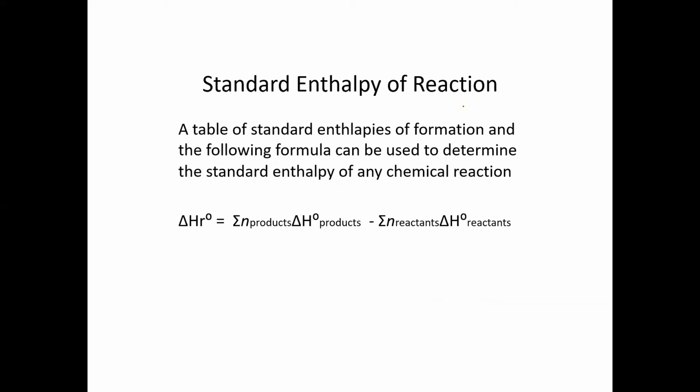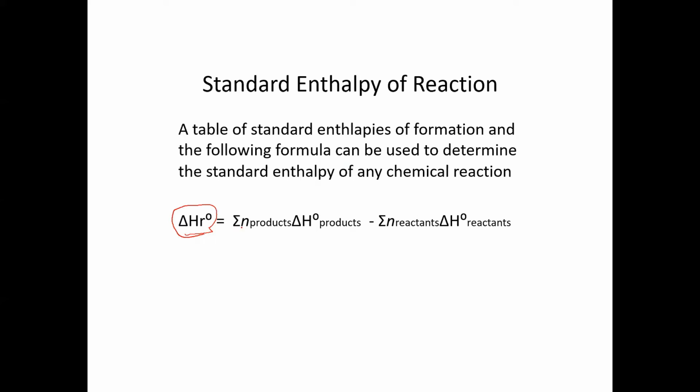Okay, moving on, standard enthalpy of reaction. So here, a table of standard enthalpies of formation. We'll look at that table next. So firstly, let's look at this equation here, delta H of the reaction. What is it?